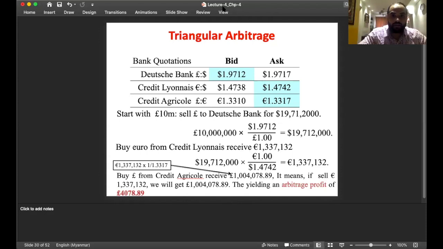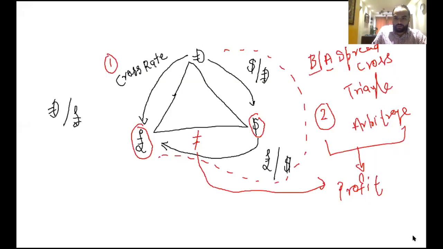Let me write it down and explain here. We have pounds, convert into dollars, and then we got euro.